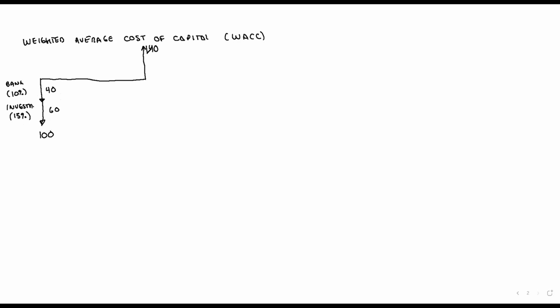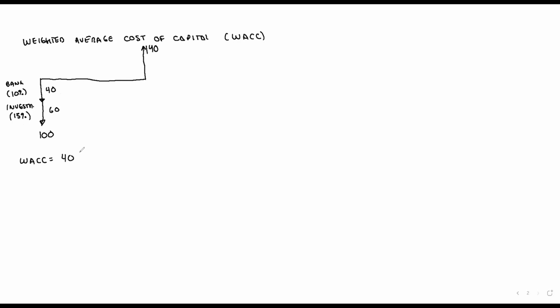So the question is, how do I decide, based on these interest rates, if this project is a good one or not? Well, in this case, guys, what you need to compute is exactly the weighted average cost of capital. How do I compute it? It is simply the weighted average of the rates.